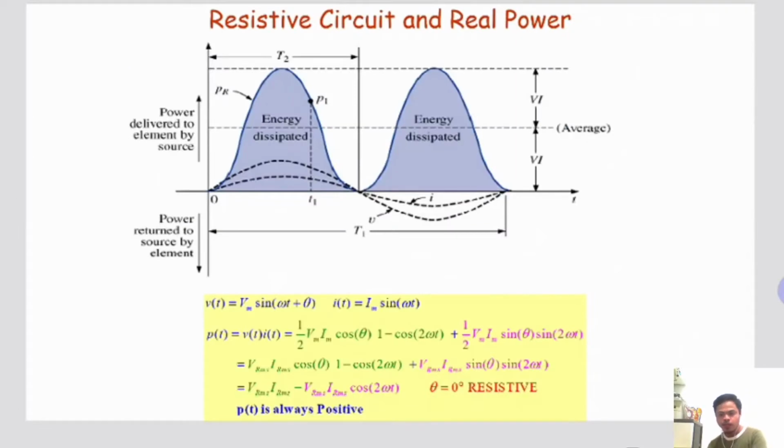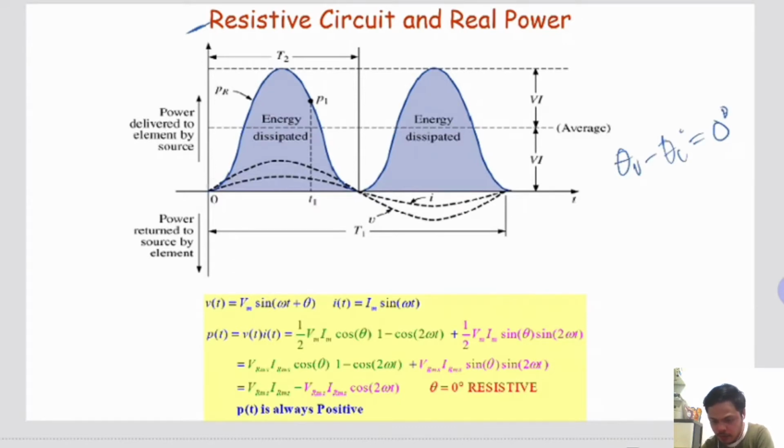Okay, and we have three types of circuit: the resistive circuit, the inductive circuit, and the capacitive circuit. For the resistive circuit, the difference between theta V and theta I is equal to 0, and that has unity power factor, or they are in phase.